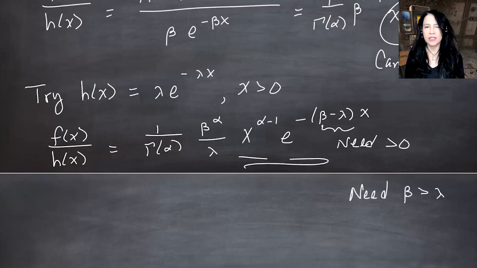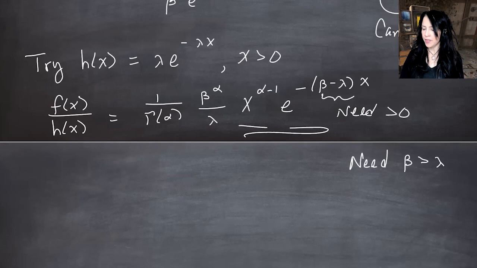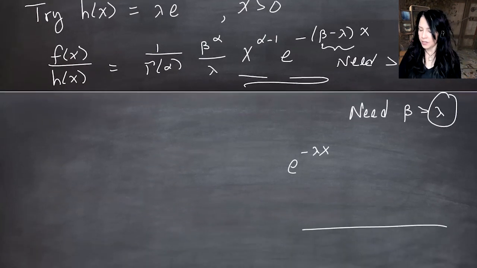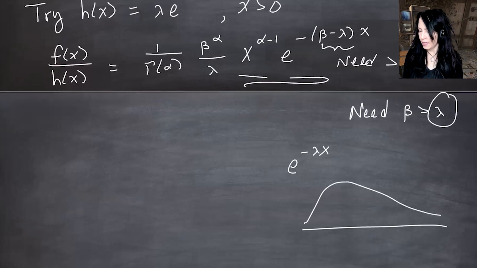And what that's going to mean in the long term is that the e to the minus lambda x is going to go down as you go out to infinity a little bit slower than e to the minus beta x. So the candidate distribution is going to need to have fatter tails.